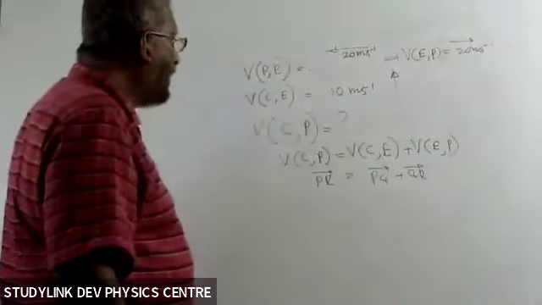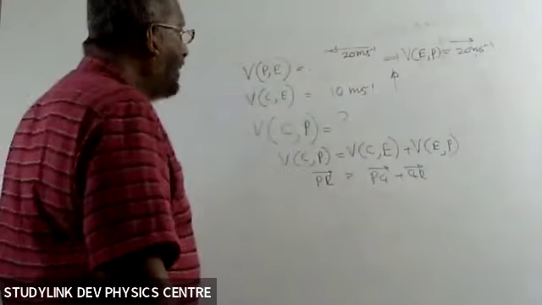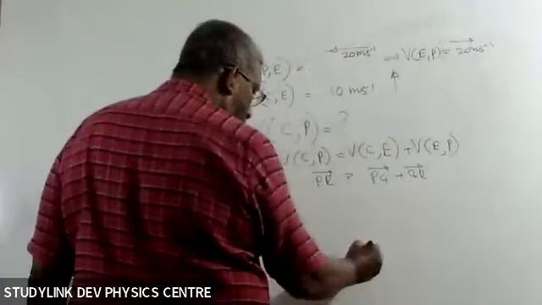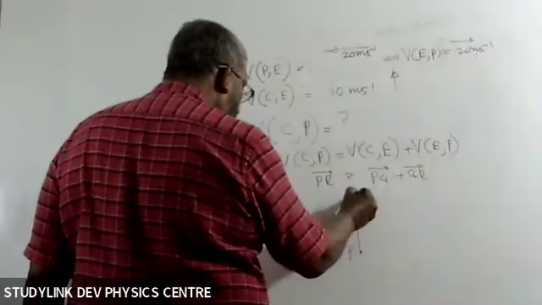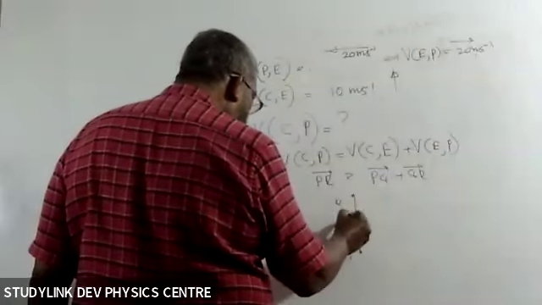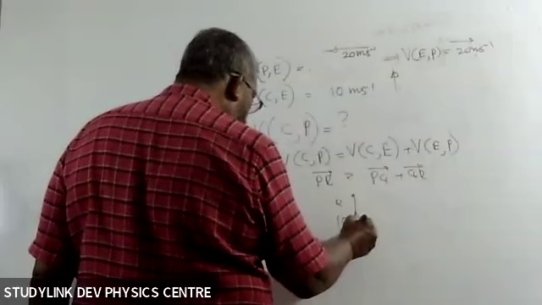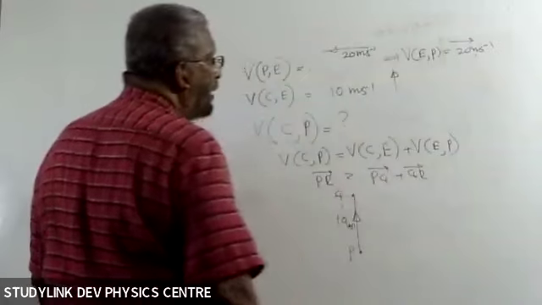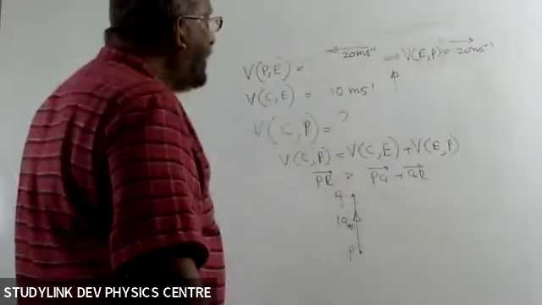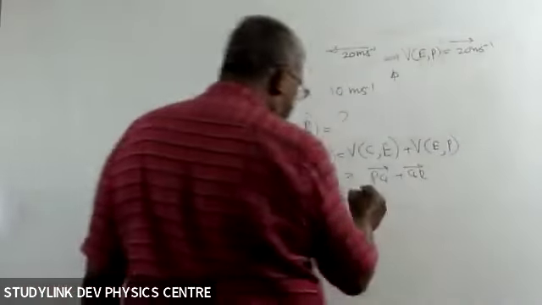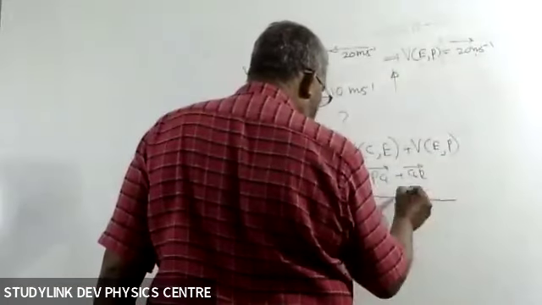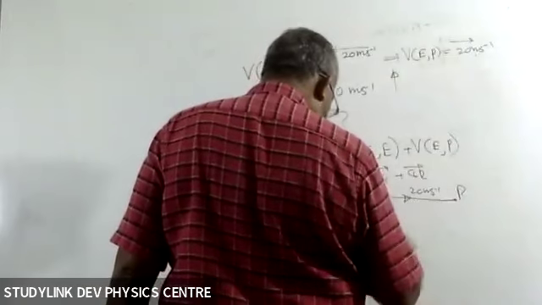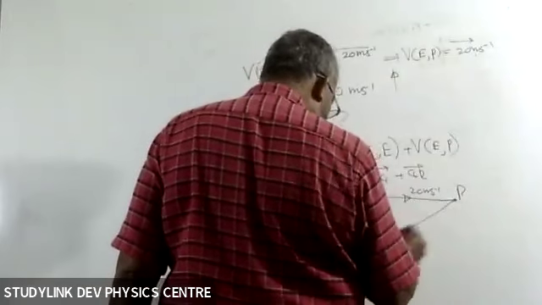First one is CE, 10 up. So here we have to consider P here, Q here, and it is 10 ms minus 1. Q is here. Then QR. QR is EP. EP is towards this direction, 20 ms minus 1. Here R. This is PR.